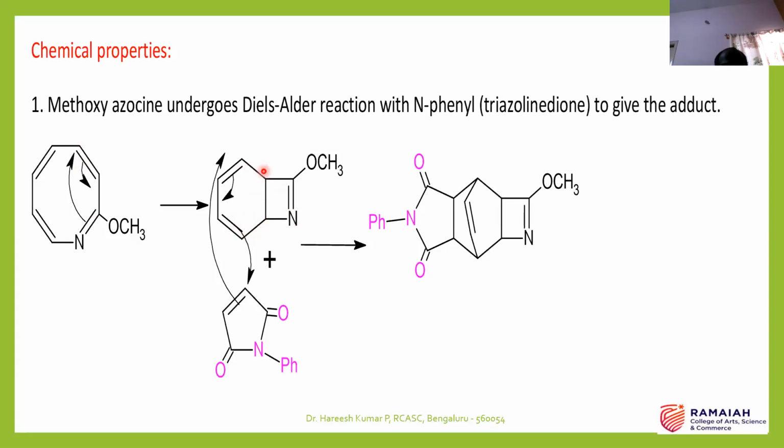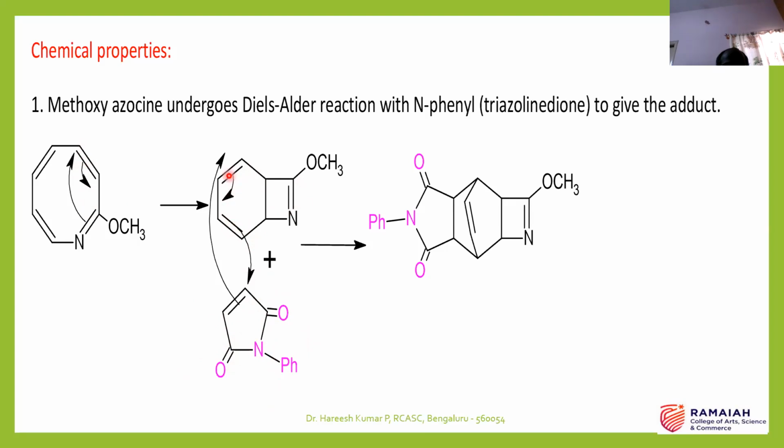The obtained bicyclic compound, when it is treated with a maleic anhydride, more particularly N-phenyl maleimide, what will happen?